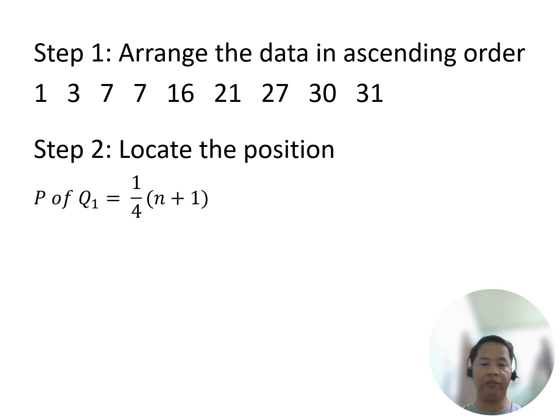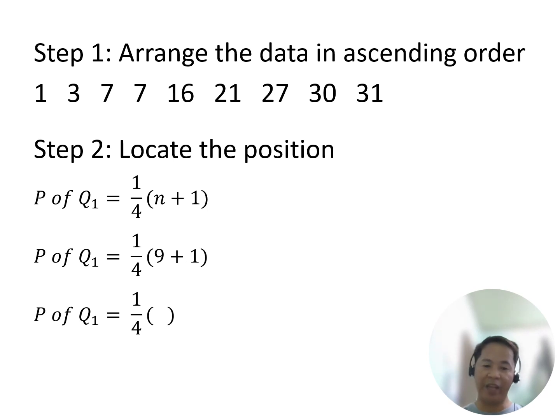So we have the formula in finding the position of quartile 1. So we have position of quartile 1 is equal to 1/4 multiplied by the quantity of n plus 1. So substituting the value. So how many data do we have? We have 9. So simplifying 9 plus 1, so we have 10.